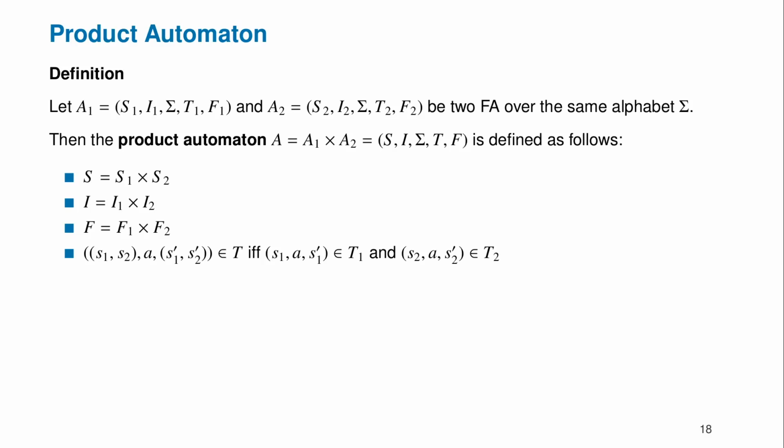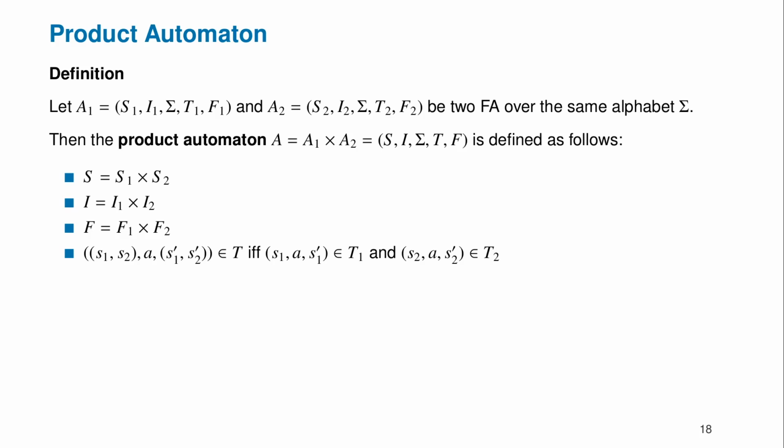In order to solve certain verification tasks, I would like to introduce the product automaton as a next concept. The product automaton allows us to relate or compare the languages of two automata. In particular, the product automaton gives us the intersection of the two languages described by two automata.